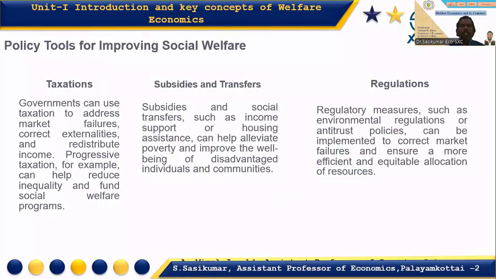Now, let us look into the policies or tools for improving social welfare, which are practiced in our country. There are taxation, subsidies and transfers, and regulations. Government can use taxes for controlling market failures, correcting externalities, and the redistribution of income.